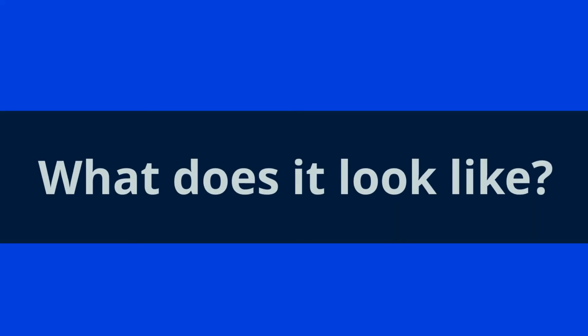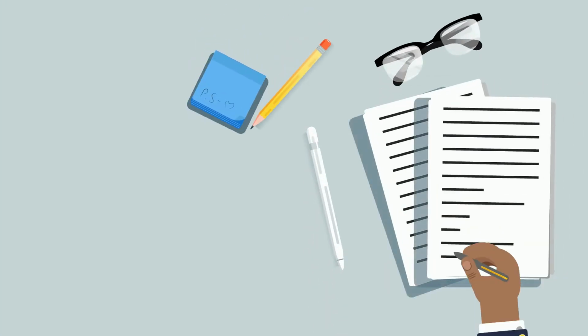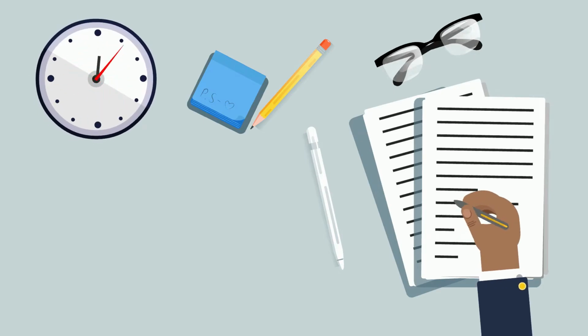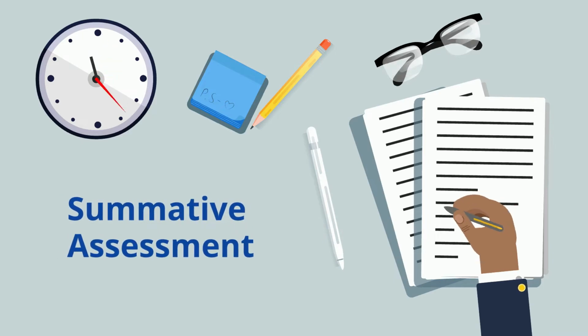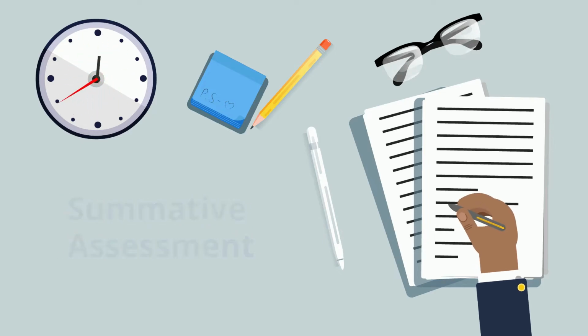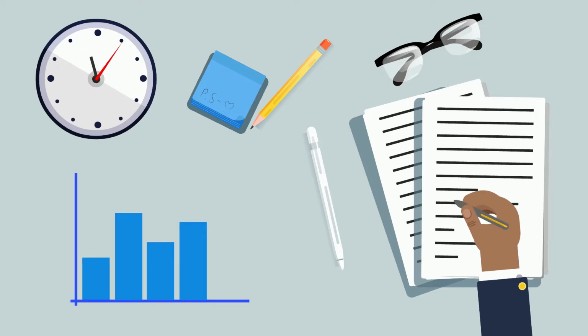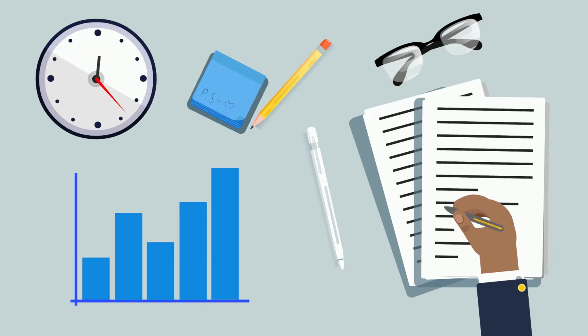What does assessment for learning look like in the classroom? When we hear the word assessment, we usually think of tests or exams, but these are typically forms of summative assessment. They are often used to measure attainment, looking back at the end of a school year to evaluate what a student has learned.